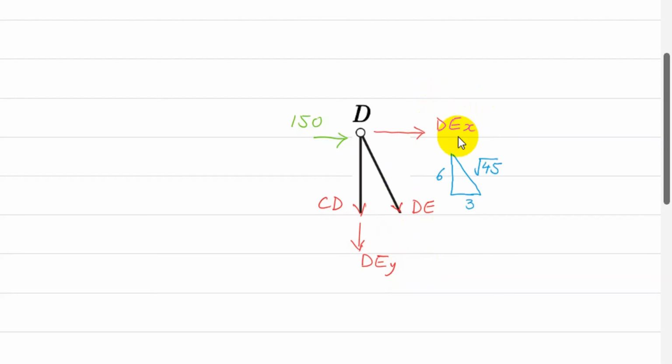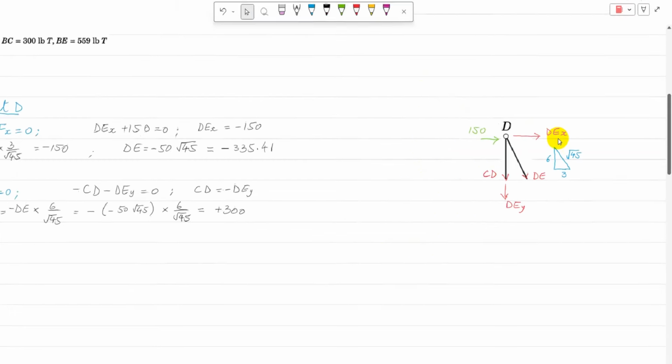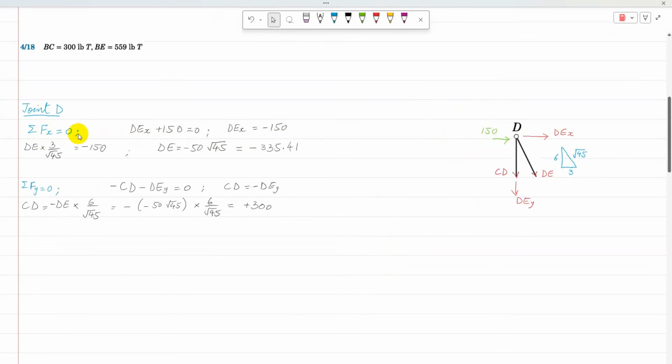I'm going to apply sigma Fx equal to 0 first. Applying sigma Fx equal to 0, I have DEX positive and 150 positive, so DEX plus 150 is equal to 0, and rearranging, DEX is equal to minus 150.